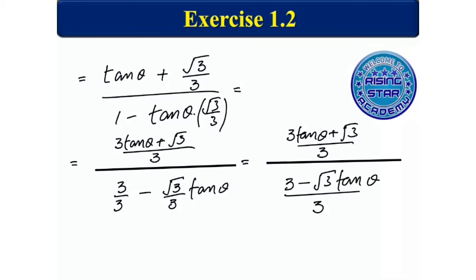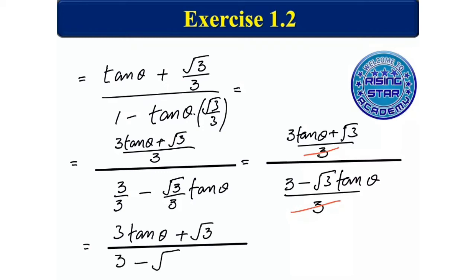Now both denominators cancel out, so my final answer is 3 tan theta plus root 3 over 3 minus root 3 tan of theta. That would be our single fraction answer.